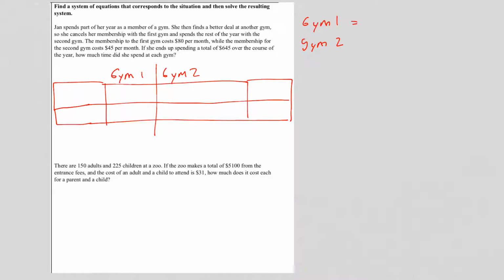This should help. We've got essentially Gym 1, the number of months, Gym 2, the number of months.